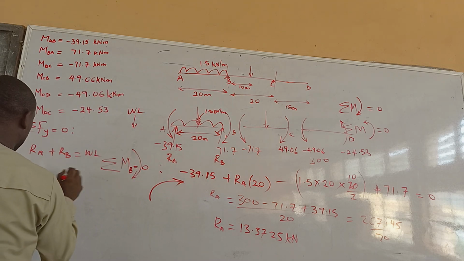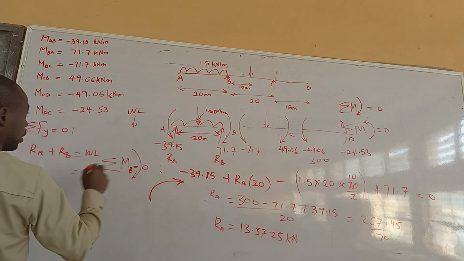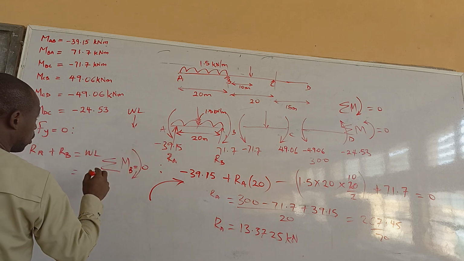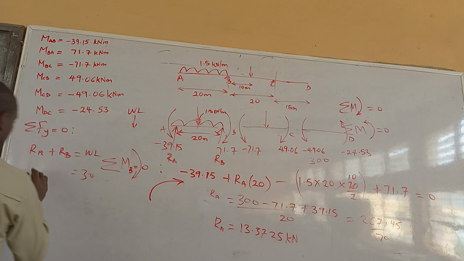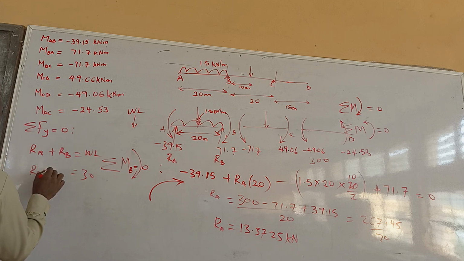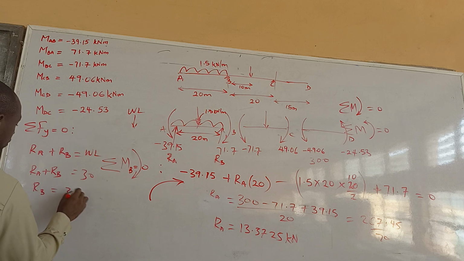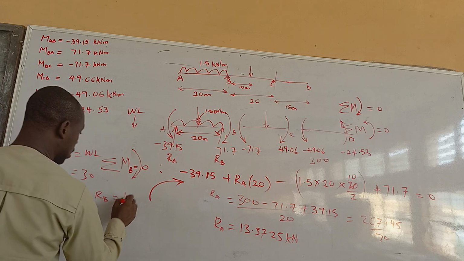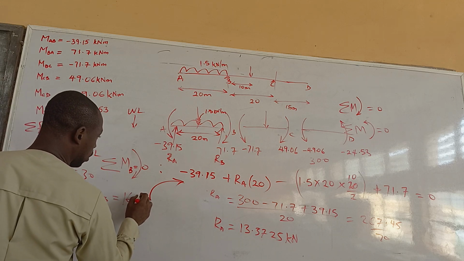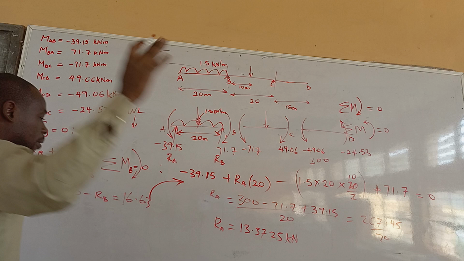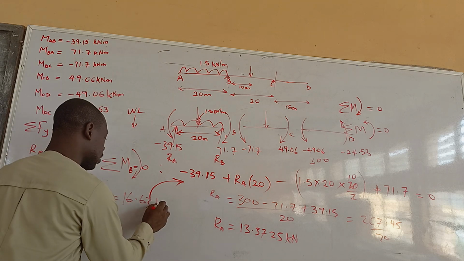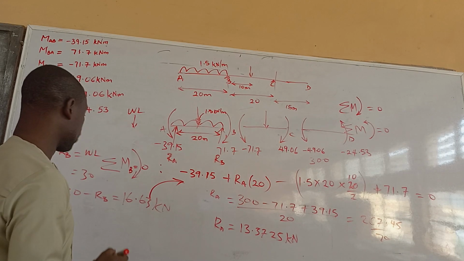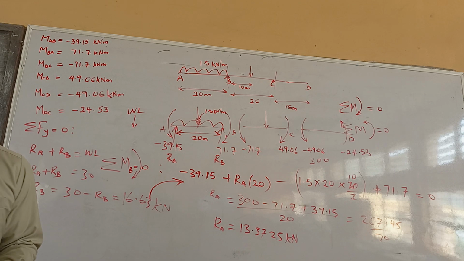Which is 1.5 times 20, that's 30. So my reaction at A plus reaction at B should give me 30 kilonewton. So my reaction at B equals 30 minus RA, right? Which is 16.6275 kilonewton. You understand that?